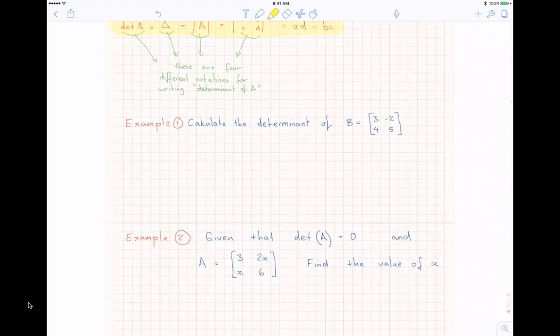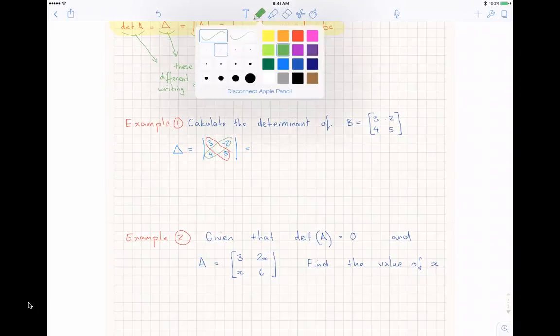So an example: if we're asked to calculate the determinant of this matrix B, you can write the symbol for the determinant, which is of course the same as if I write the determinant in this fashion. And that is just equal to 3 times 5 minus 2 times 4.